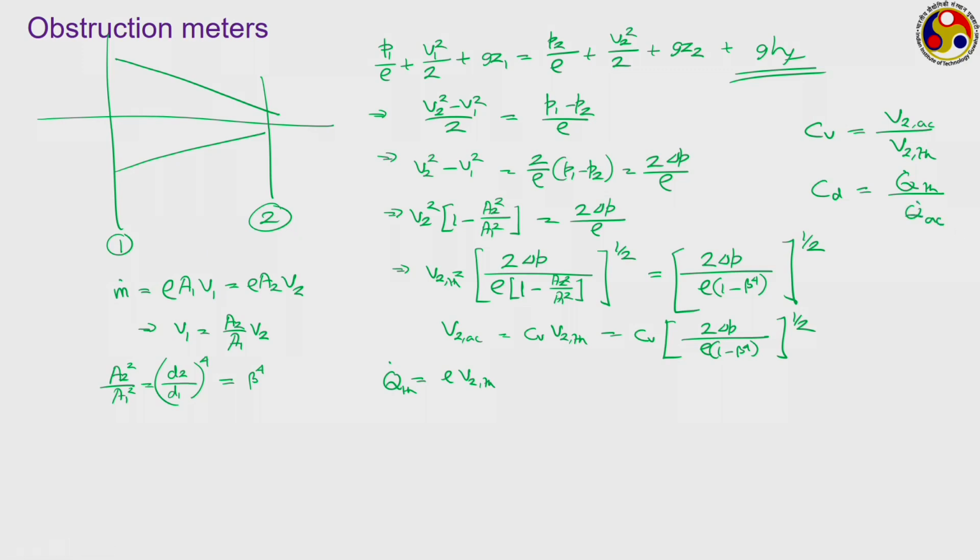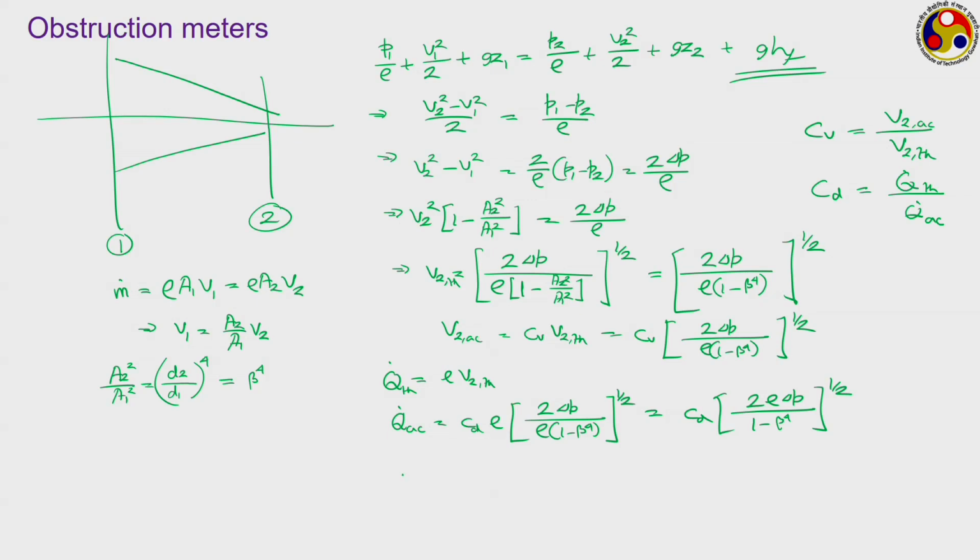So, q dot actual will be equal to CD into rho into V2 theoretical, which is 2 delta p by rho into 1 minus beta to the power 4 whole to the power half, that is equal to CD into 2 rho delta p by 1 minus beta to the power 4 whole to the power half.